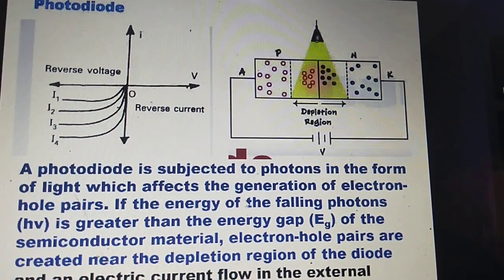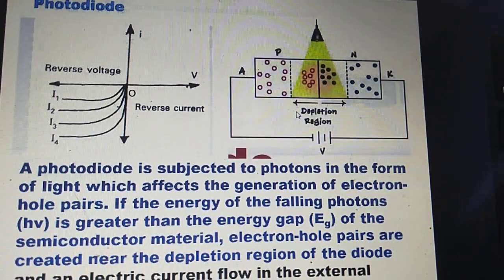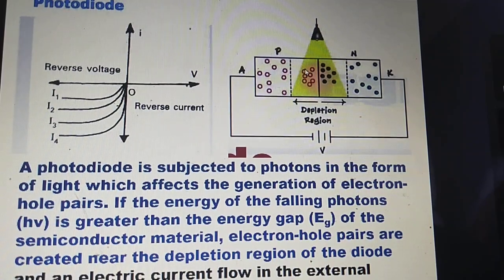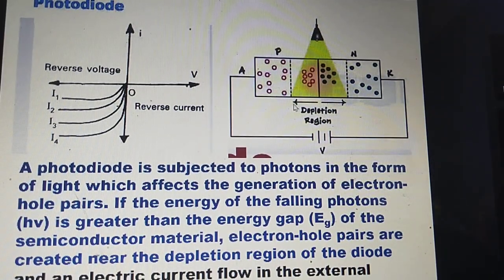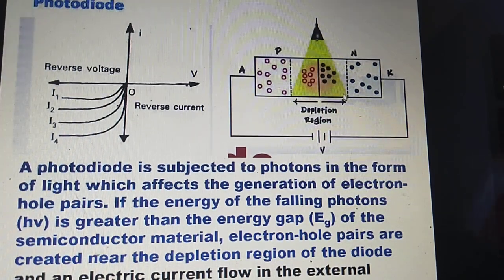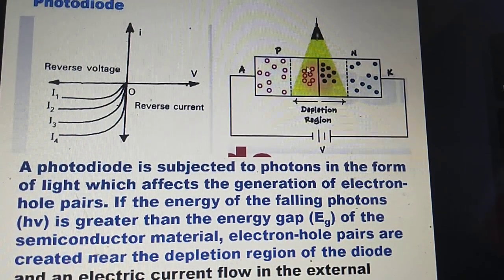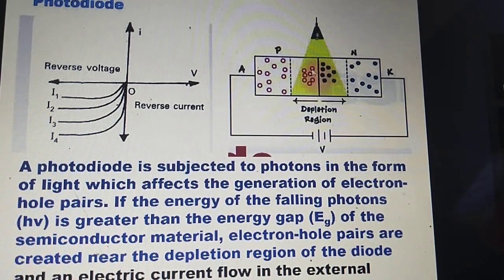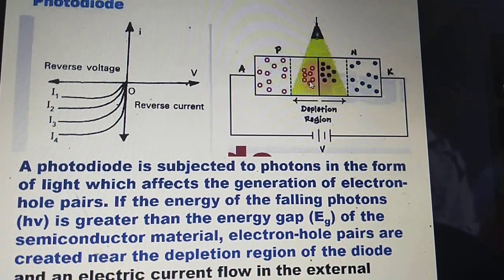That affects the generation of electron-hole pairs. So, if you take a diode and you apply reverse bias, you have a depletion region. In the P-type, you will have negative ions. In the N side, you will have positive ions. And if light is made to fall on this depletion region, additional electron-hole pairs will be generated.